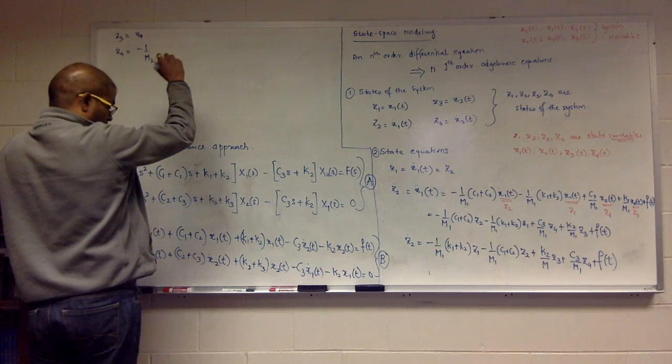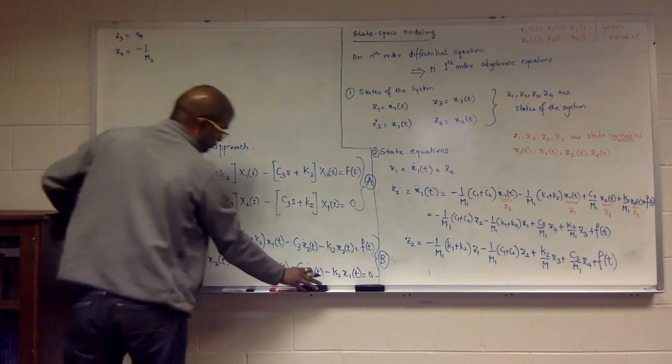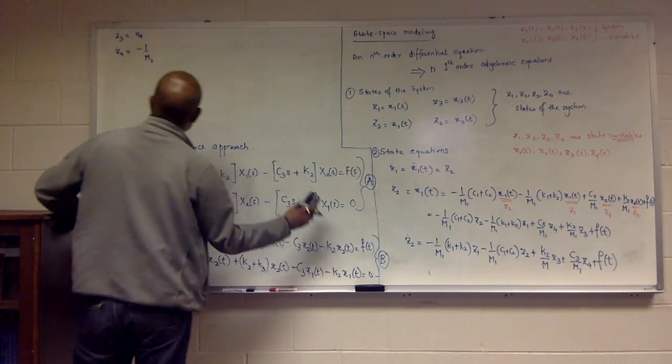C2 plus C3 x dot 2. Let me try to write it like this.